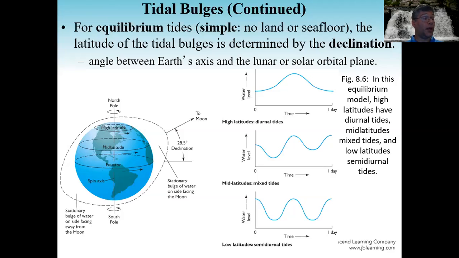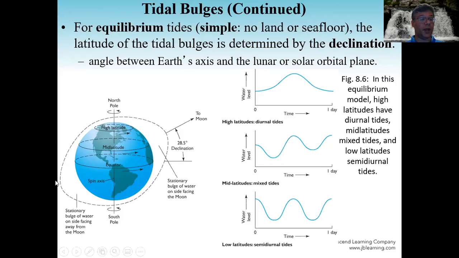This explains why we have those three patterns of diurnal, semi-diurnal, and mixed. If you're in a place that pretty much only gets one of those bulges as the Earth turns, well, then you get one high, one low per day, and you've got your diurnal pattern. If you're in some place that gets a relatively uneven amount of the two, then you get a more mixed pattern.